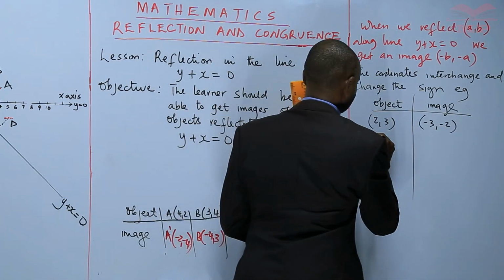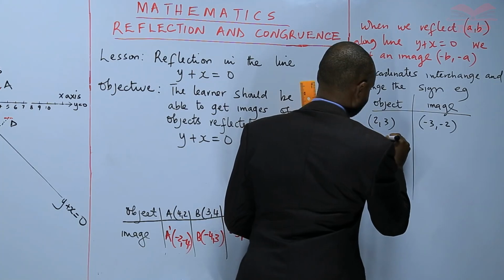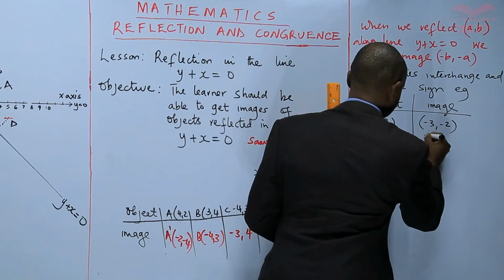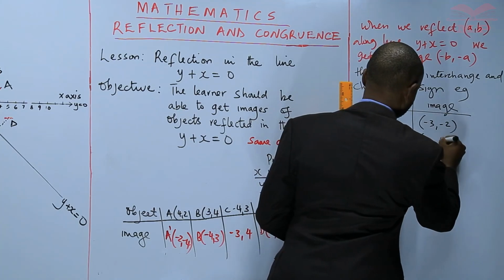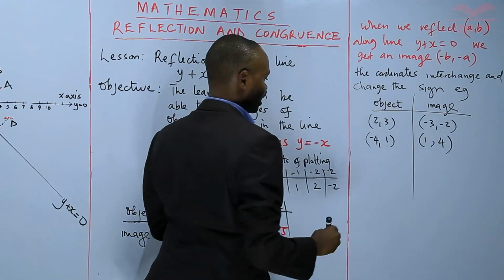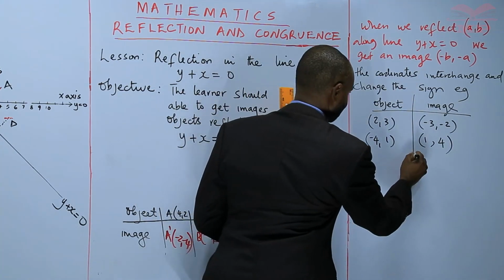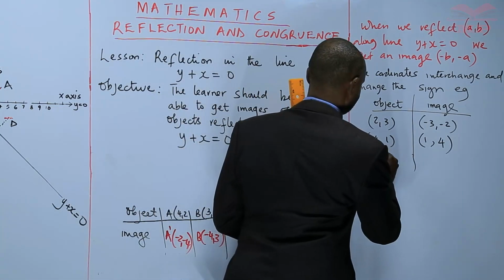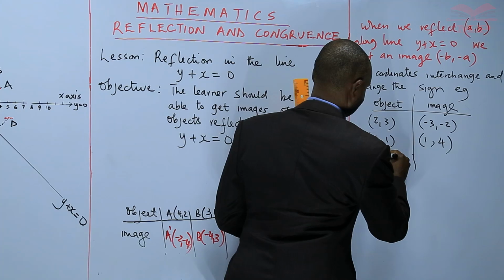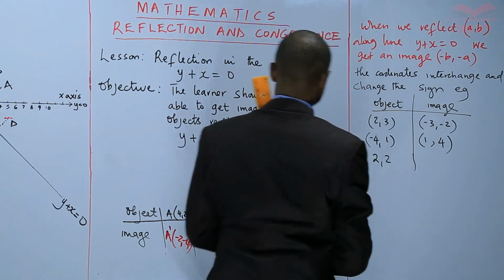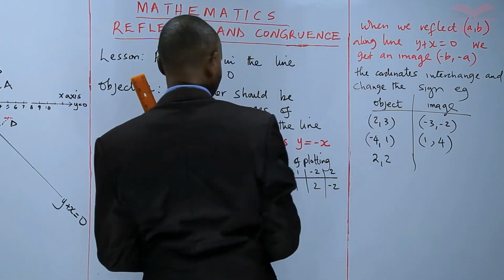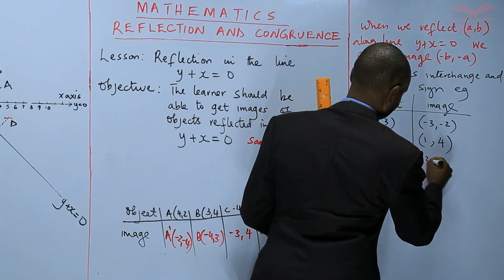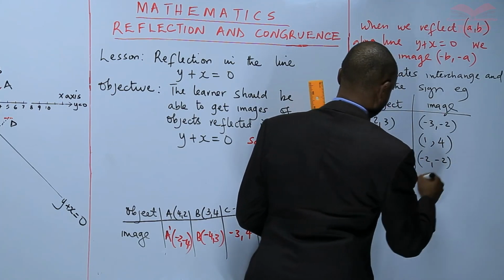When we have negative 4, 1, the answer will be 1, positive 4. When you have 2, 2, interchanging for those who remain the same, negative 2, negative 2.